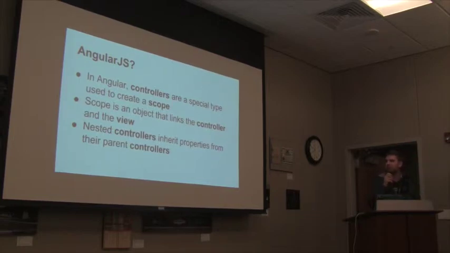And this controller has a scope, and a scope is basically an object that links between the view and the model, so you can bind data to the view and all that stuff. And finally, nested controllers inherit properties from their parent controllers, so they can just read data from their parent controllers.